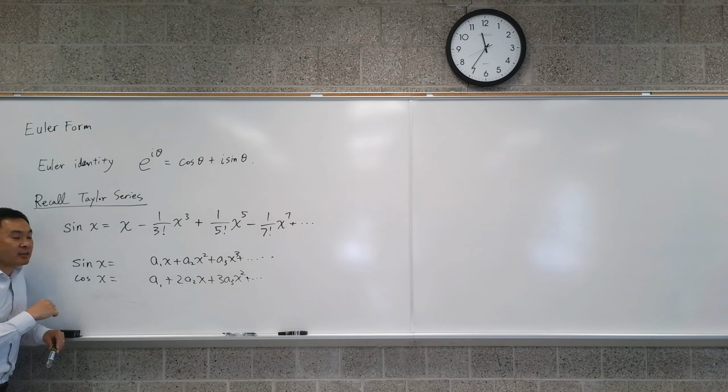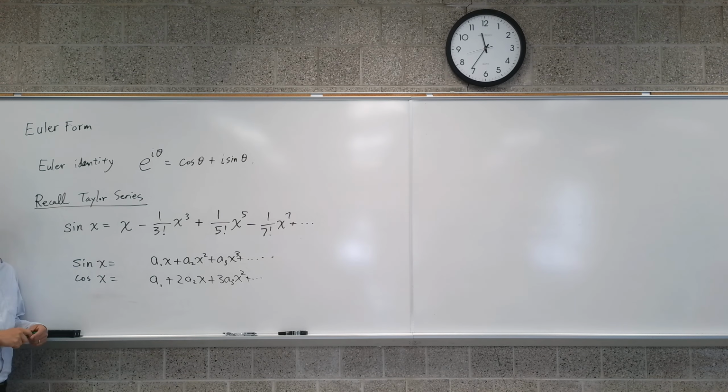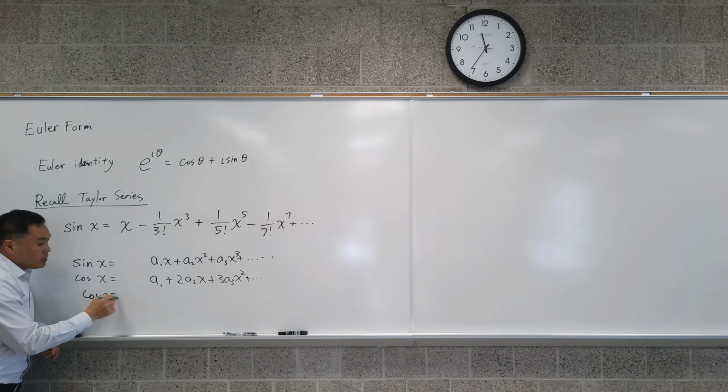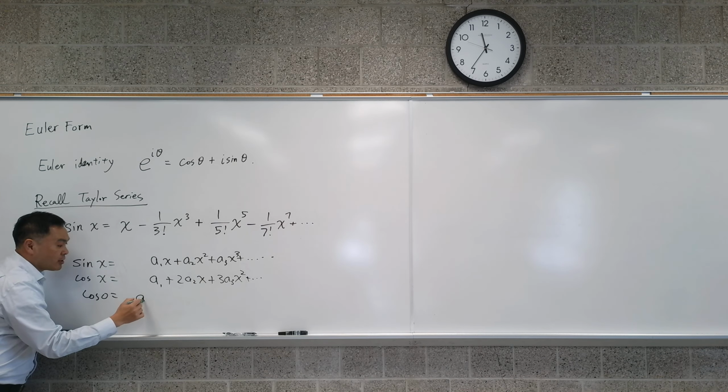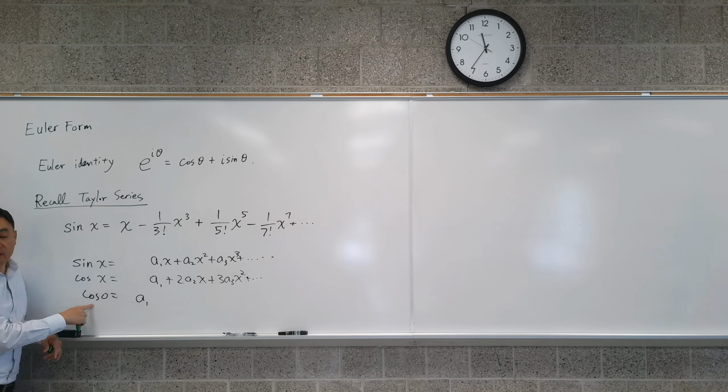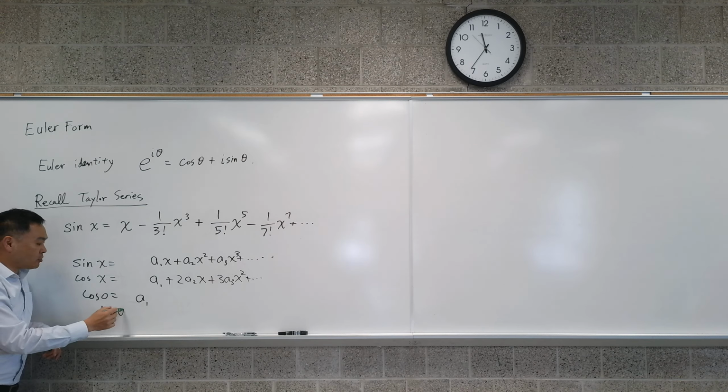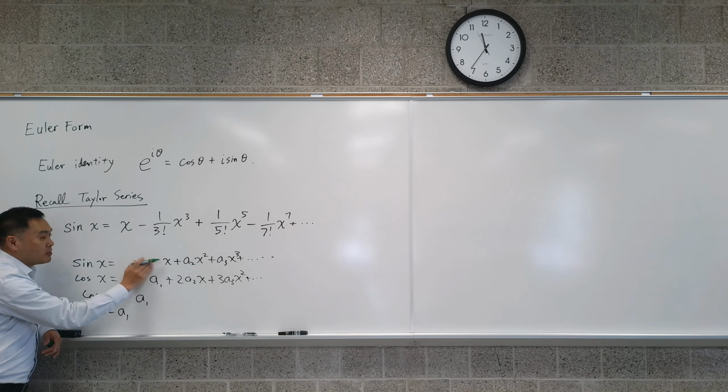How do I get a1? Plug in 0 again. Cosine 0 equals a1, since all the other terms are 0. Cosine 0 is 1, so a1 is 1.